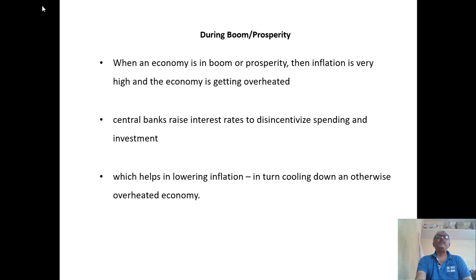Further, during boom and prosperity, when an economy is in boom and prosperity, inflation is very high. Normally, in any economic system, when a boom is taking place, obviously the economy is getting overheated. When the economy is getting overheated, all prices go very high. At the same time, the value of that particular currency is expected to go very low.